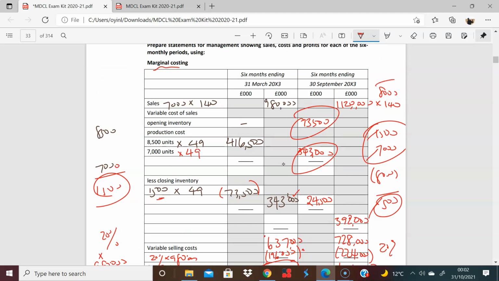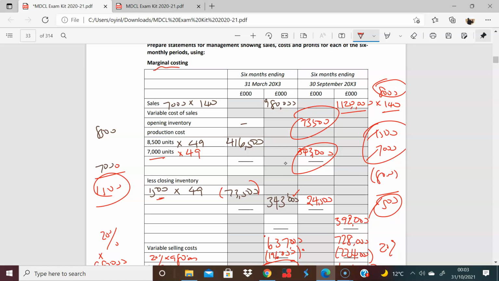Let's just walk across and do the same thing here. Here you're selling 8,000 units at £140, and that's why you have this. Then, of course, your closing inventory of this becomes the opening inventory of the next period, so you have the 73,500 becoming the opening inventory here. The question says you only make 7,000 units this time because you obviously have opening inventory to plug in from.